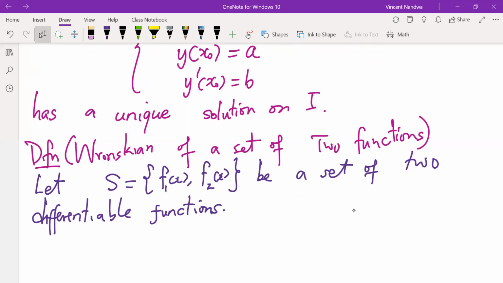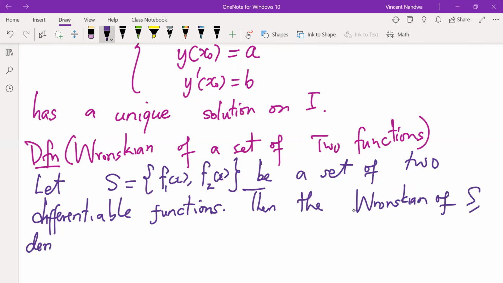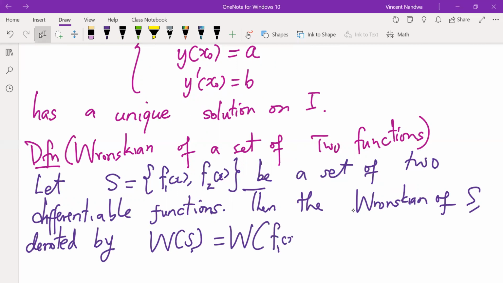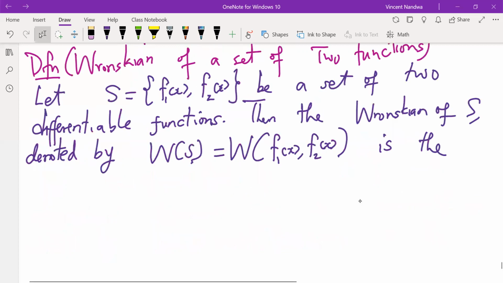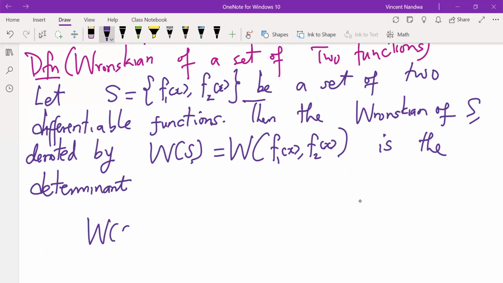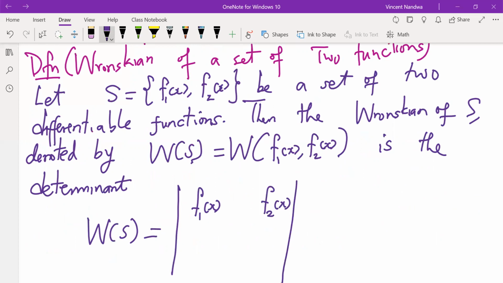Then the Wronskian of S, denoted by W of S, is the determinant with first row f1 of x, f2 of x, and second row the derivatives, f1 prime of x, f2 prime of x.